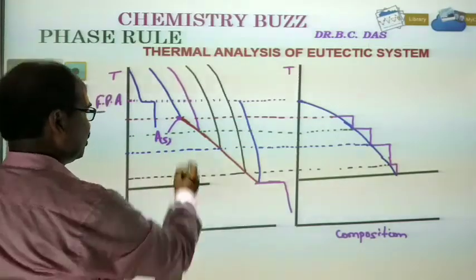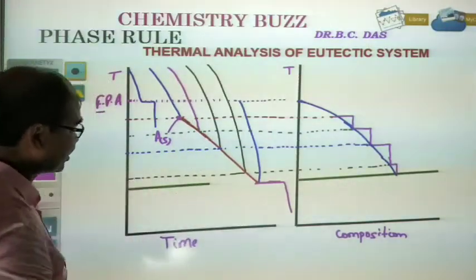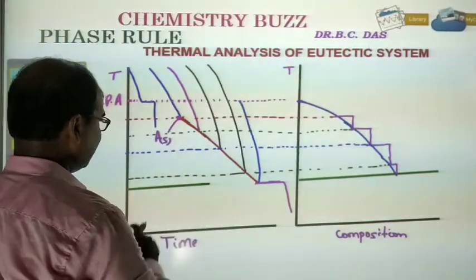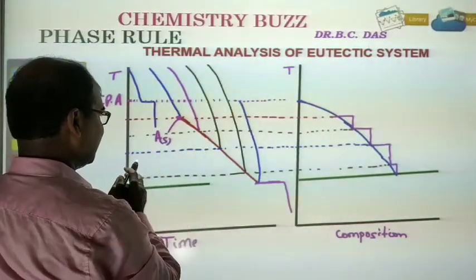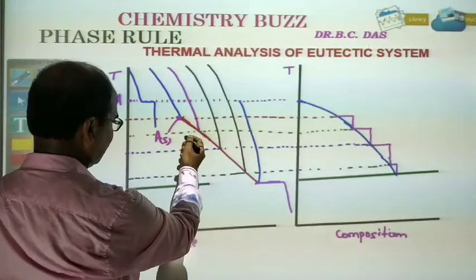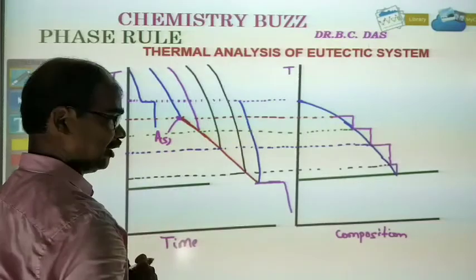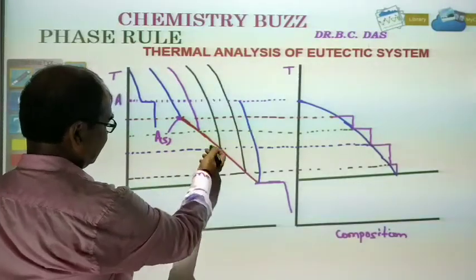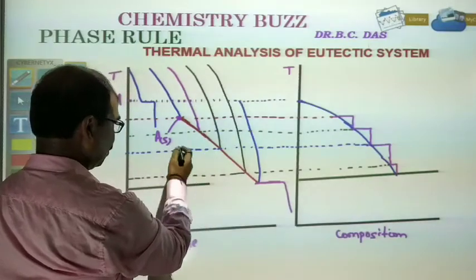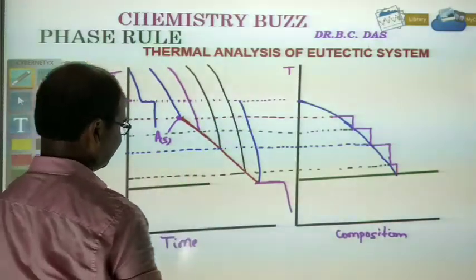Okay. So after solidification of A starts, the process becomes slow as the composition of the solution changes and the temperature drops further, and some more solid A is formed, and the temperature falls and the composition changes and more A is formed.